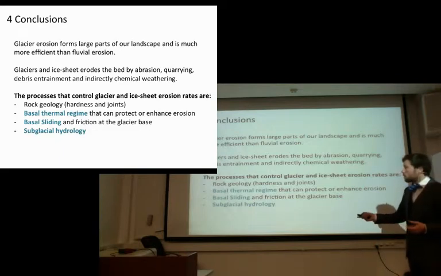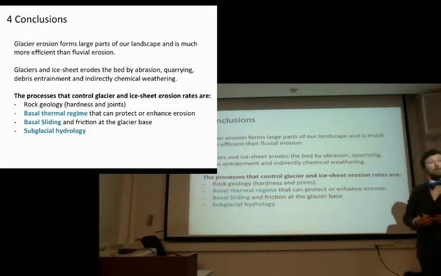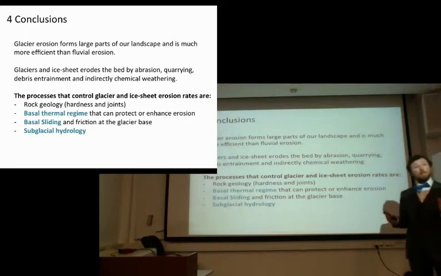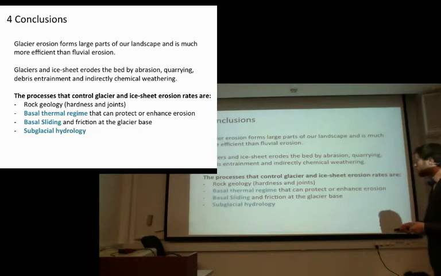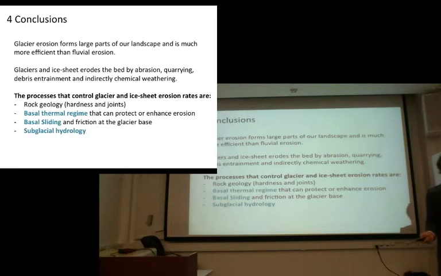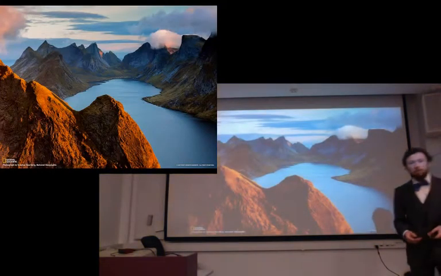What's important is more the basal thermology, because it can actually protect or erode more. If you have a cold base, you protect. If it's a warm base, you erode. Then we have basal sliding, a very key point. And I hope you've understood that superficial hydrology is something that you should never forget, because it controls a lot the erosion. Thank you very much.